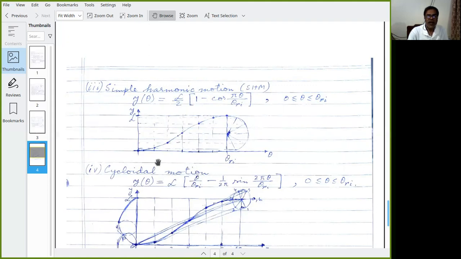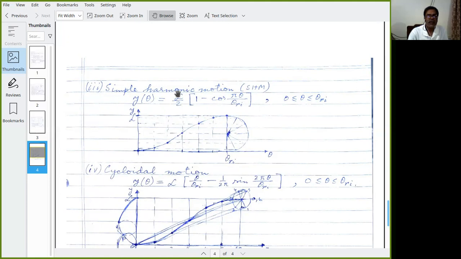Now, for that, what you do, in the graph paper, you mark theta rise and divide it in a few equal segments, and then at this side of the rectangle with length L, you make a semicircle. So the radius of the semicircle is L by 2.